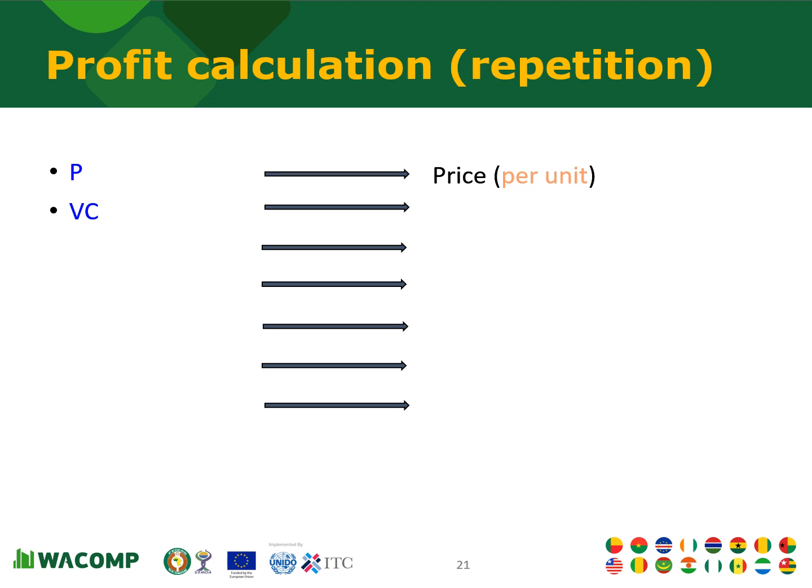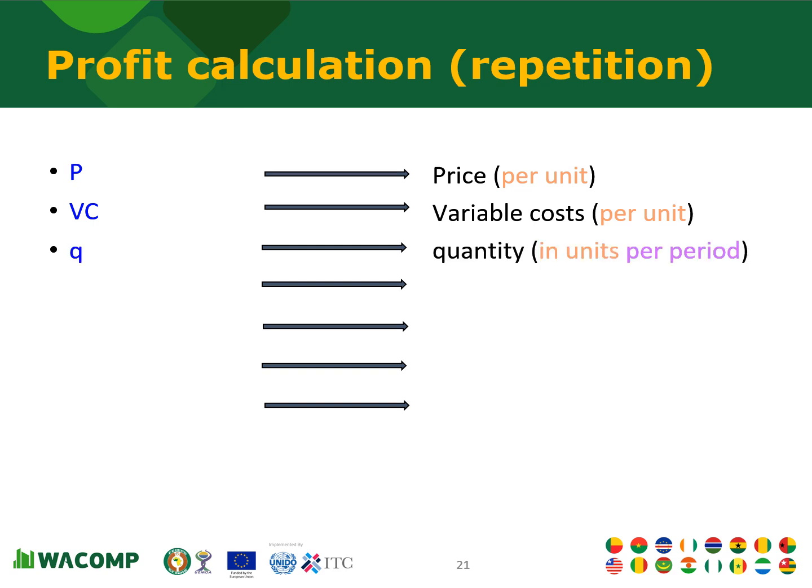VC, variable costs per unit. Q, quantity sold in units per period. FC stands for fixed costs and they are per period.